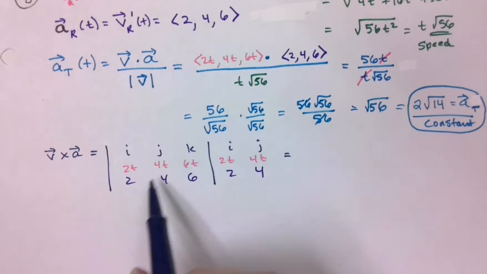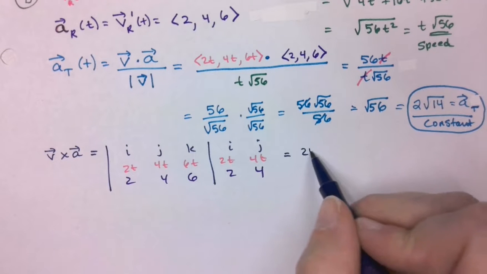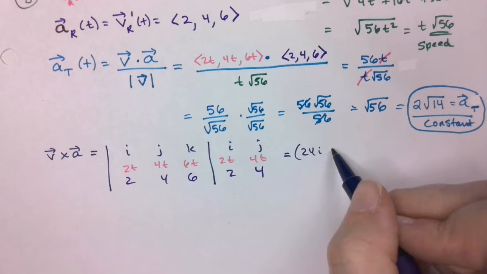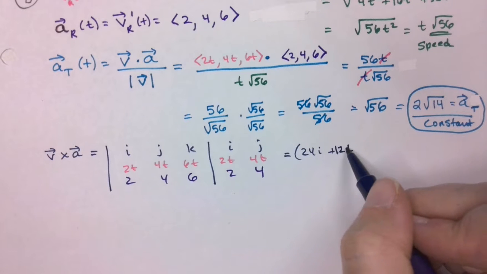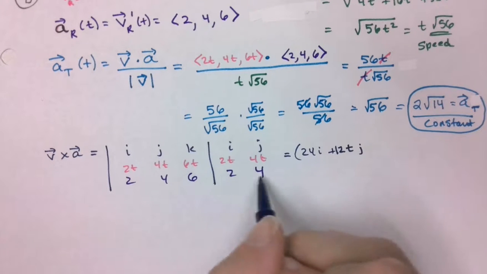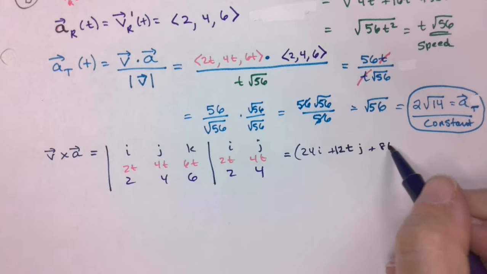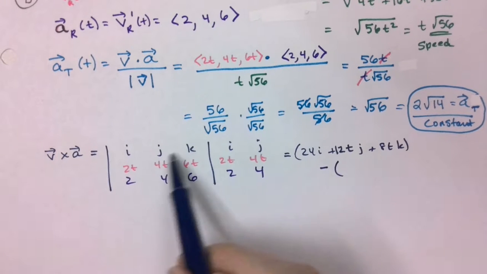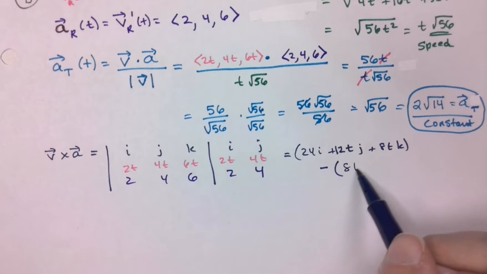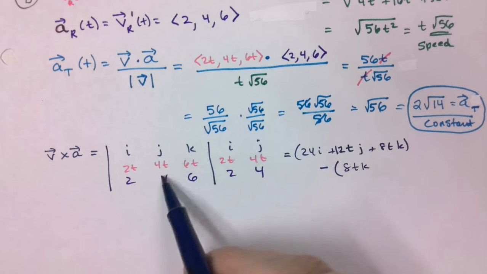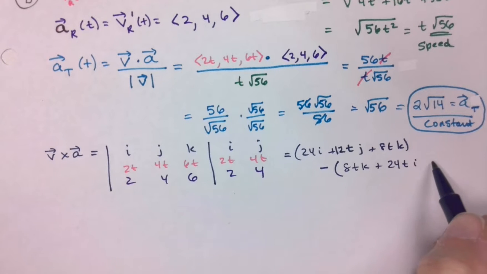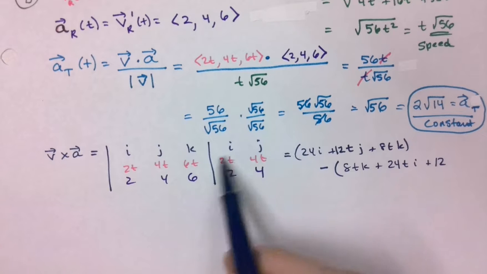Okay, so my cross product would be 24t i, 12t j, and 8t k, minus, and then reverse it, 8t k, 24t i, and then 12t j, 6 times 2.